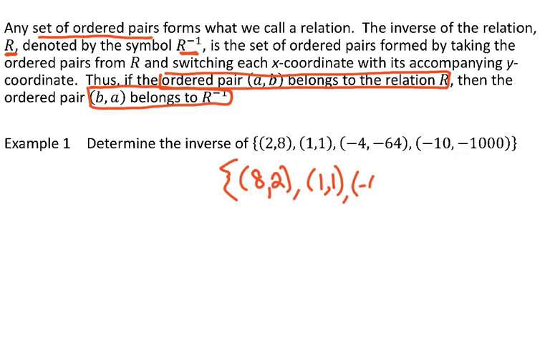Next point flips to -64, -4. Last point flips to -1000, -10. What matters is that the x and y flip, not the negatives. These do not change signs at all.